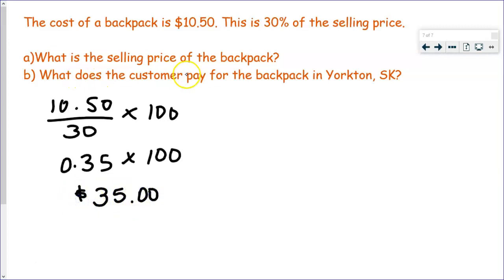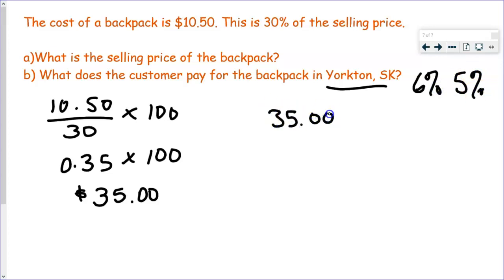So that tells us the selling price of the backpack, and then we have to add GST and PST. And in Saskatchewan it's 6% GST, 5% provincial sales tax, PST, so that's 11 total. So we'll take $35 times 11%.